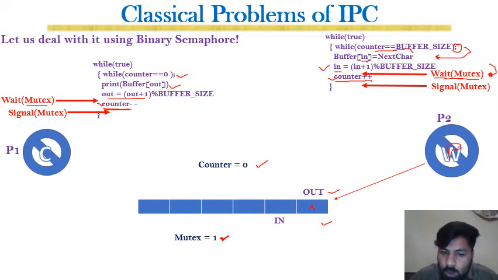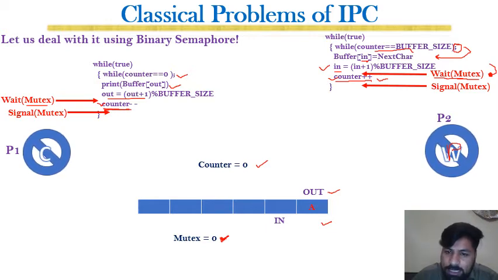Once wait on mutex is called, you can see that the mutex value is not 0, it is 1. So it will easily enter, and the counter value will be incremented and mutex will be set back to 0. Mutex will be 0, which means that it has now entered the critical section.